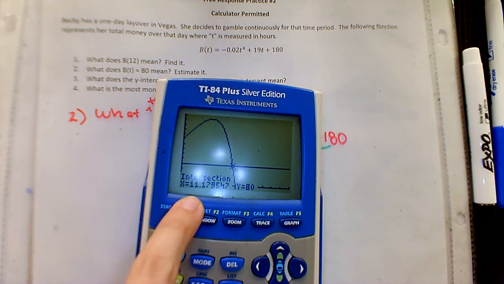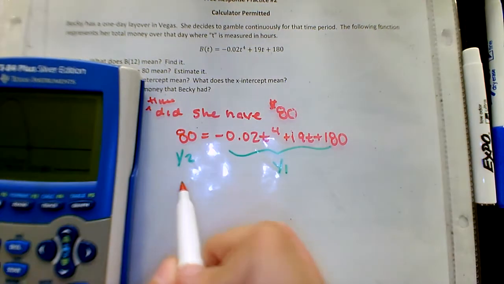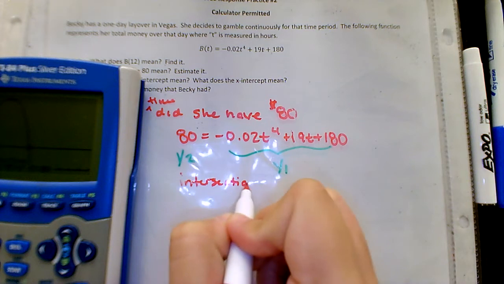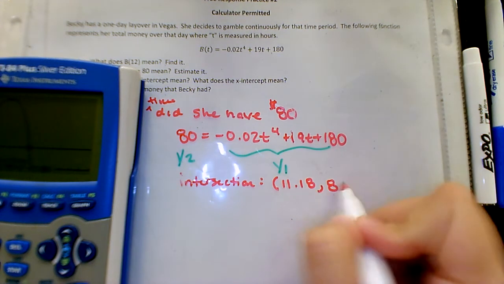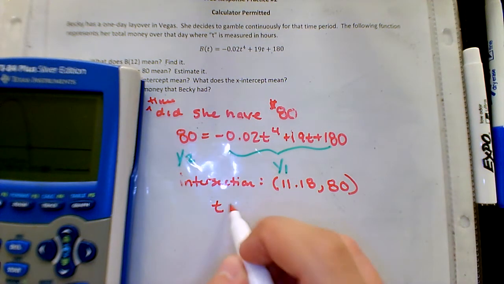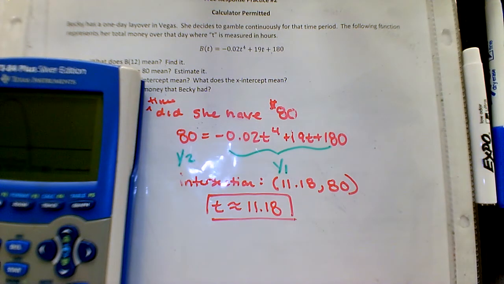So it looks like 11.18-ish. 11.18, comma 80. All right, so we'll say time is roughly 11.18. So a little after the 11th hour, she had $80.